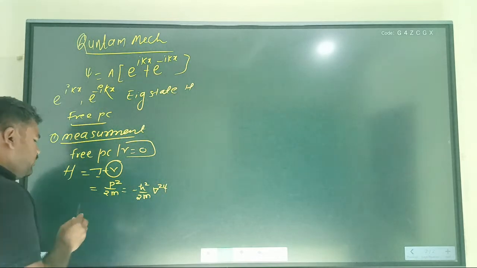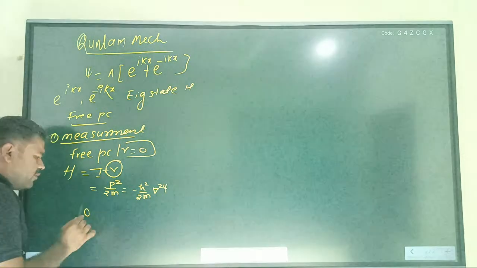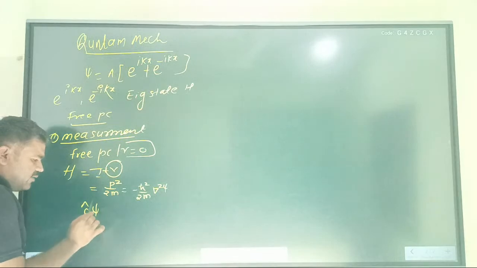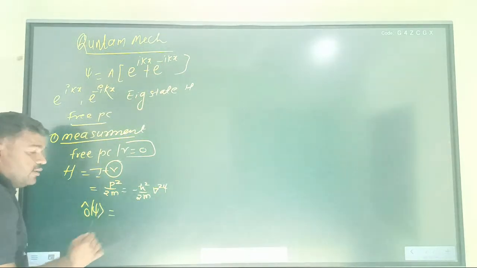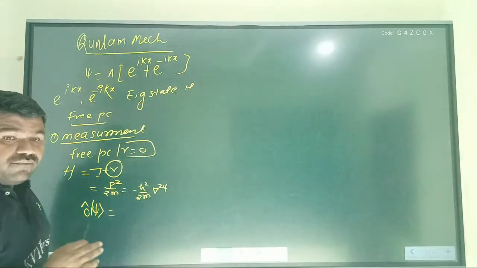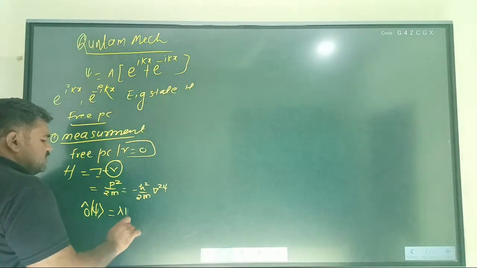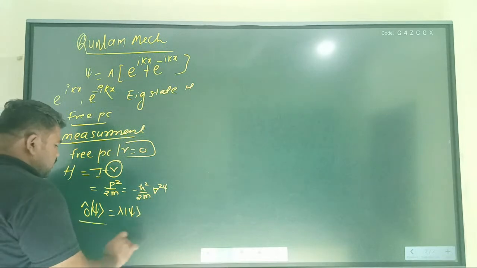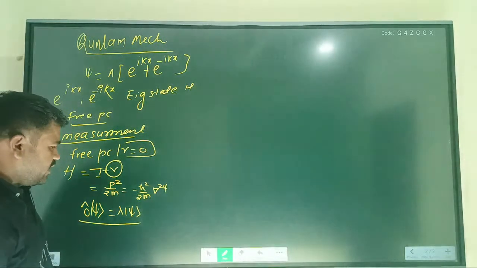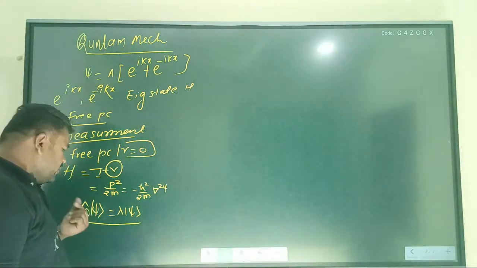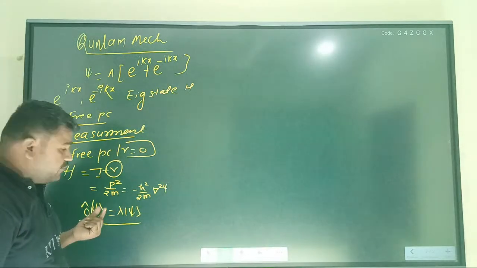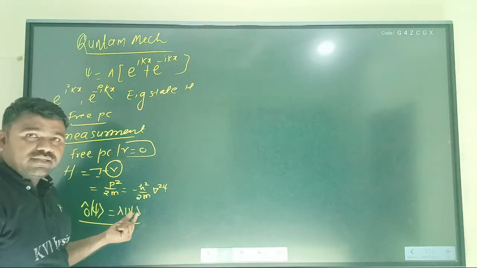Any operator O operating on any function psi gives some eigenvalue and the wave function as it is. O psi is equal to lambda psi. This operator operates on this wave function psi, and we get some eigenvalue and the wave function as it is.